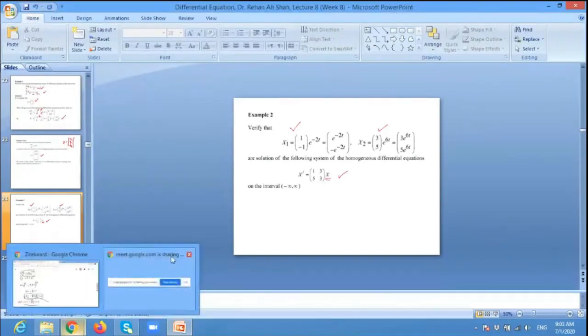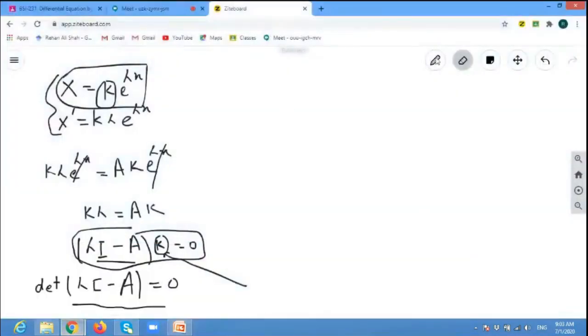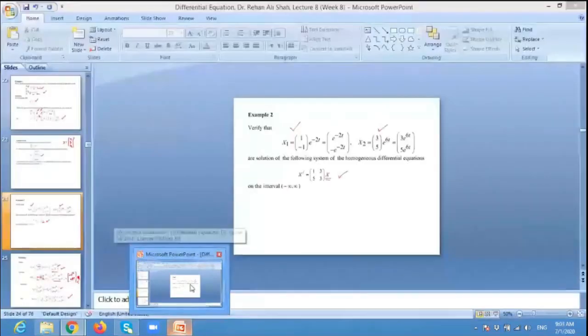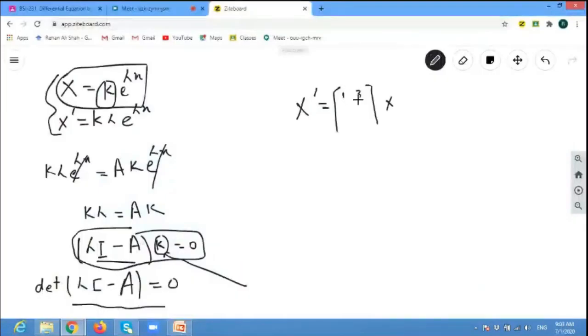We will put the values in. X dash is equal to Ax. What is A? Write the values of A, and this is x. A is 1 3 5 3. Suppose I am verifying that x1 is the solution of this system. So we have to write the value of x1.